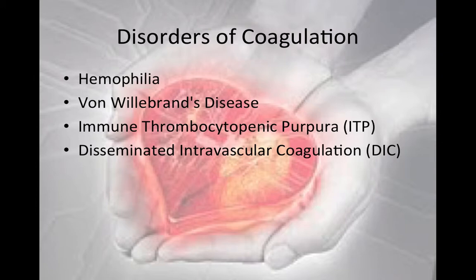Go ahead and look at the clinical manifestations, diagnosis, and treatment as well. I also want you to take a look at Table 26-5 in your text on page 933, which goes over classifying the severity of hemophilia A and B.